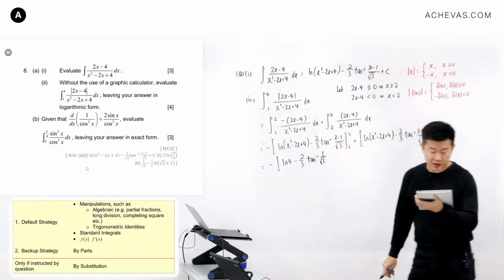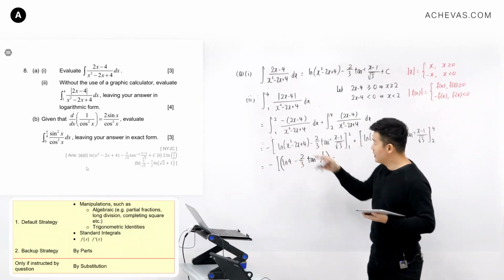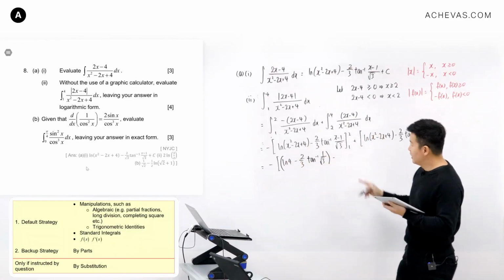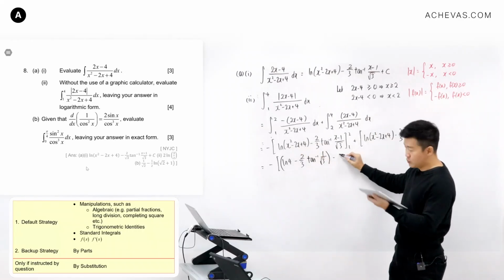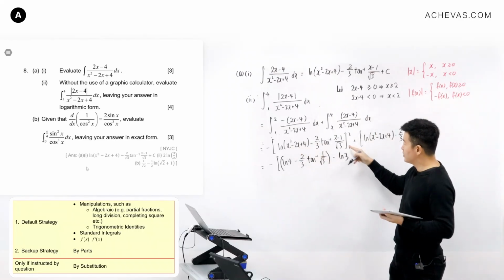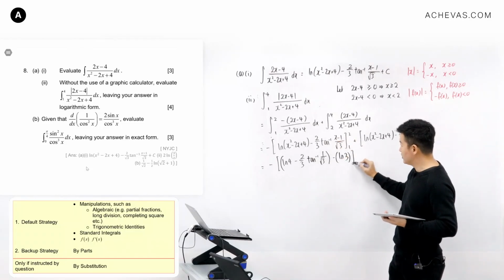So I will be getting a special angle, pi over 6. Then minus away, substituting 1 in, it will be 1 squared minus 2 plus 4, so we will have ln 3. Substituting 1 in, tangent inverse of 0 is going to be 0. So the second one is going to be this.